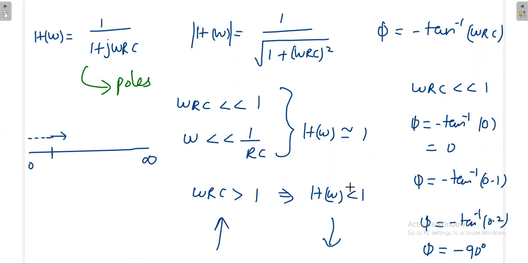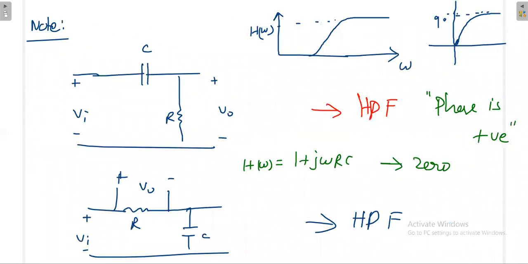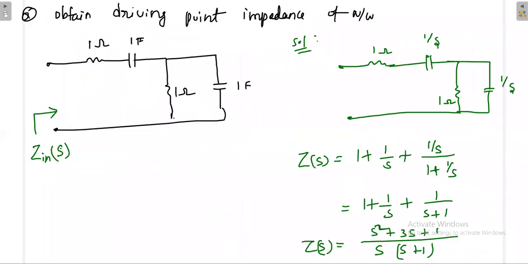If the pole is near the origin, say for example this is a pole, this is near the origin, your angle will be negative.